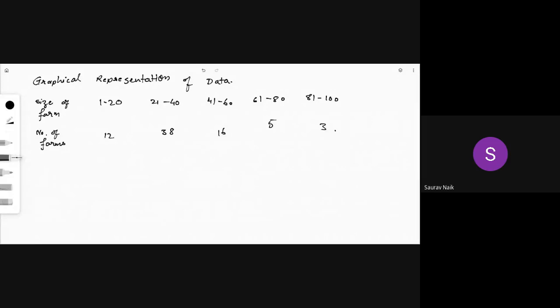Sir, I think first we need to make the intervals the same. No, we have to make it the same, like it is variable now, 1 to 20, then 21 to 40. Okay, they are all of equal lengths, by the way.